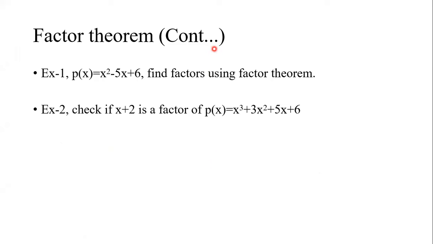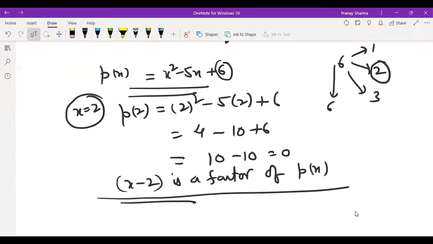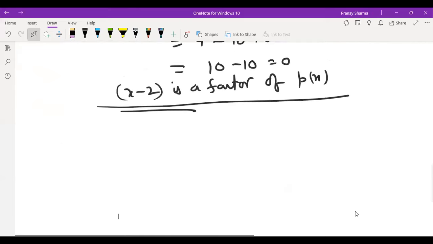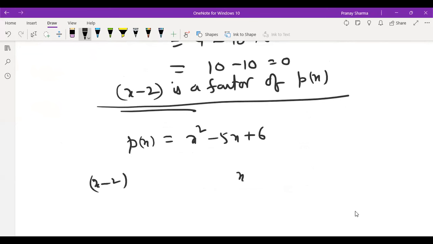Now let us move to OneNote again. All right, so if x minus 2 comes out to be a factor of this, the highest power, that means the degree of p of x is what? 2. x square minus 5x plus 6. The degree is 2. That means we should be writing x minus 2 two times with equal spaces. And here we need to have a big curly bracket.